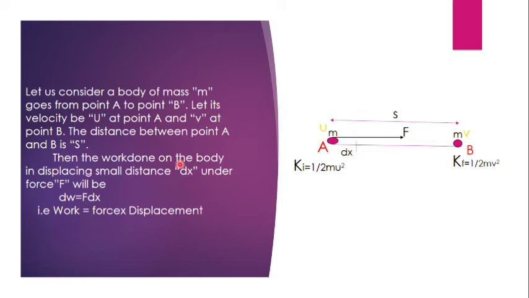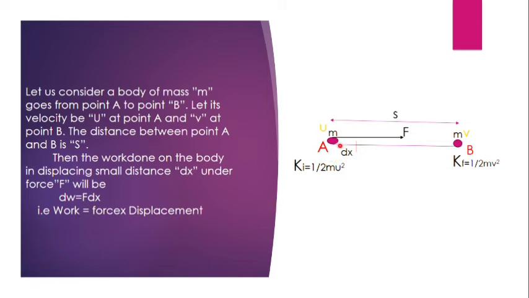Then the work done on the body in displacing a small distance dx under force F will be dw is equal to F dx, that is, work is equal to force into displacement.